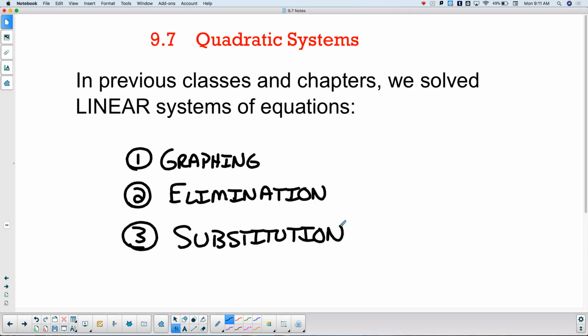We also could have done Cramer's rule, but we skipped over that because of snow days, and we could also solve by matrices, but we skipped over that because of snow days, and so we lost out on those two, but that's okay. I'm okay with that.